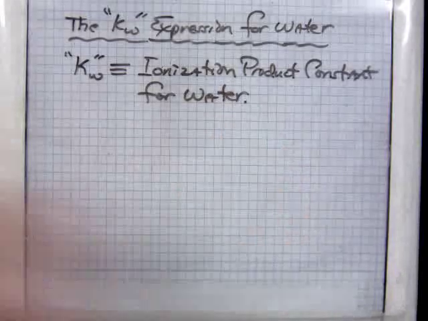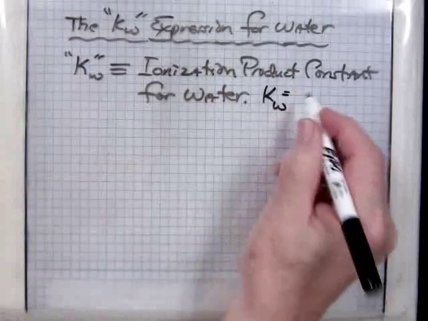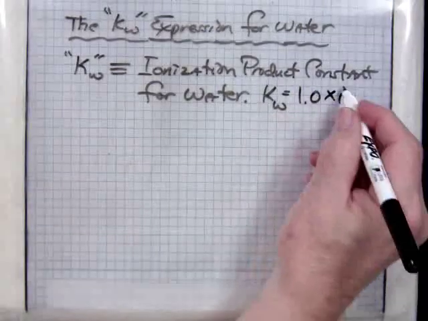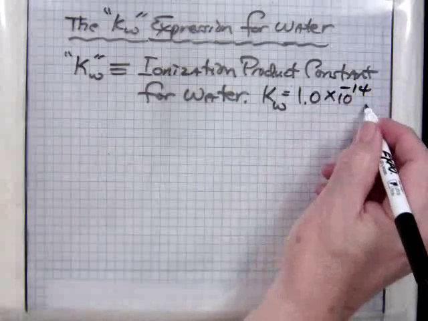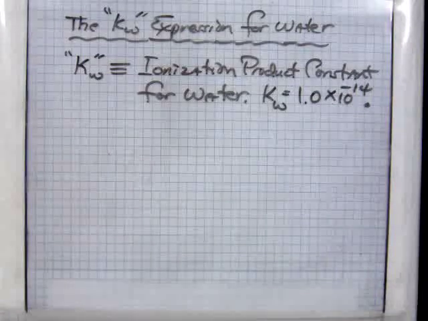And it has a value, Kw equals 1.0 times 10 to the minus 14 as its numerical value. No units, just 1 times 10 to the minus 14.